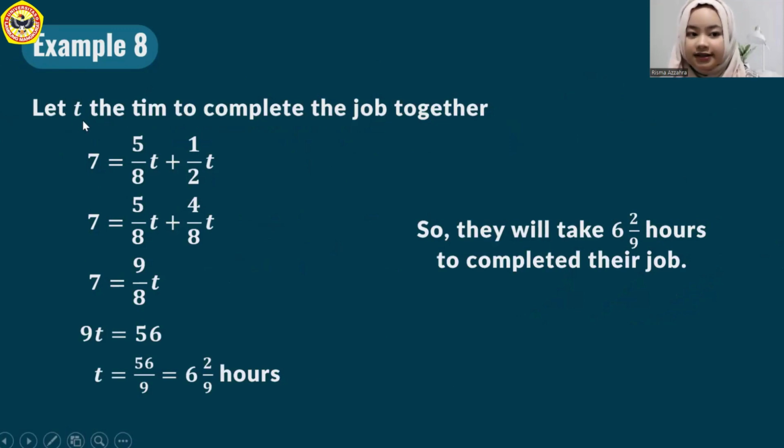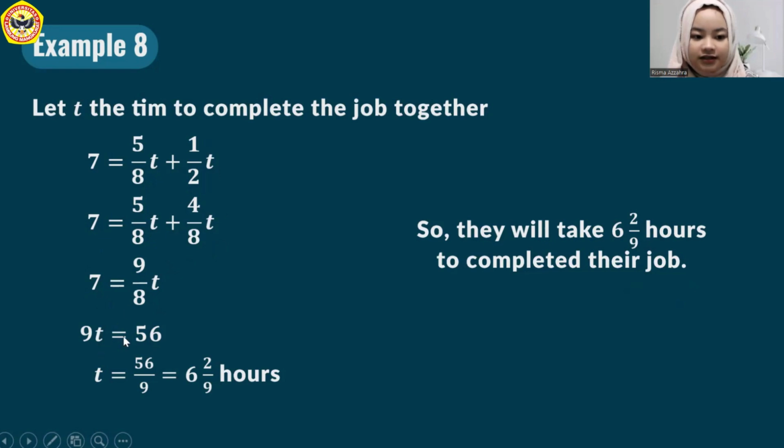So let t be the time for the team to complete the job together. So 7 equals 5 over 8 t plus 1 over 2 t, which equals 5 over 8 t plus 4 over 8 t. So 7 equals 9 over 8 t.